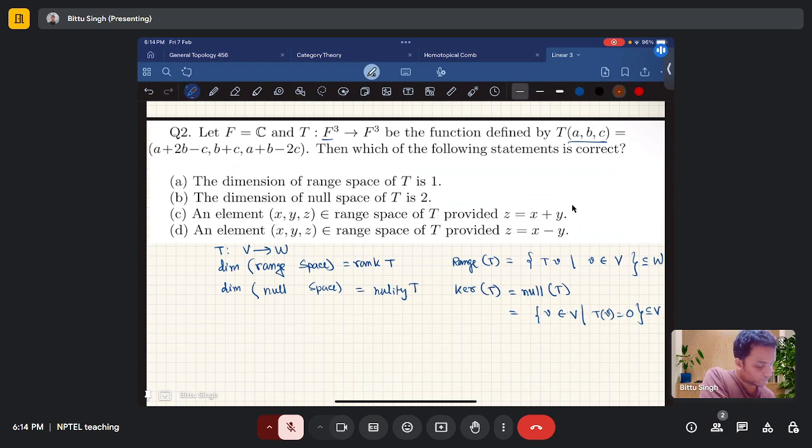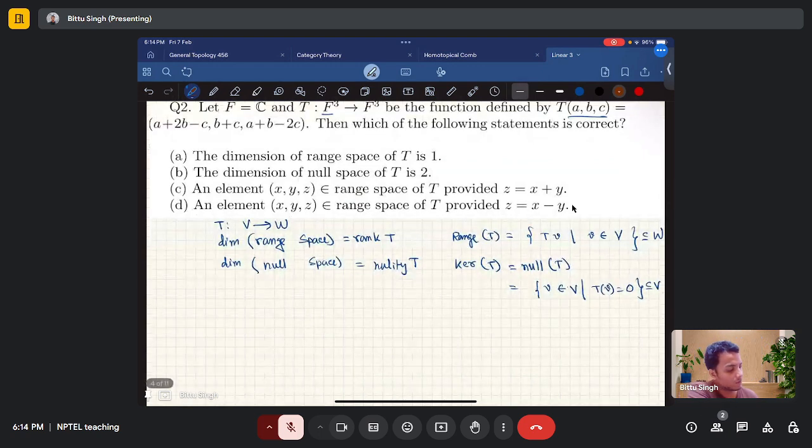So back to this question, we need to find the range space, what the range space will look like for this example. Given T of (a, b, c) of this form, a better approach will be to write it like this.